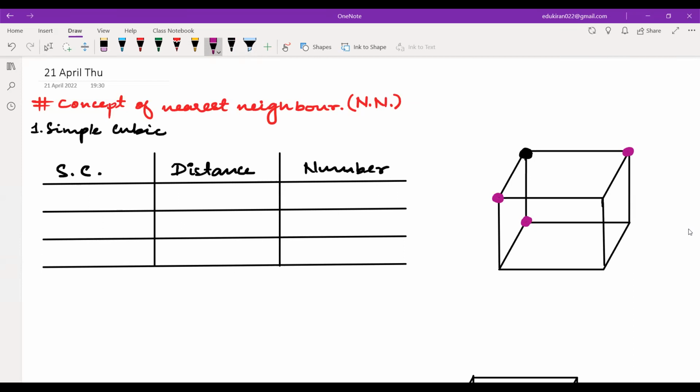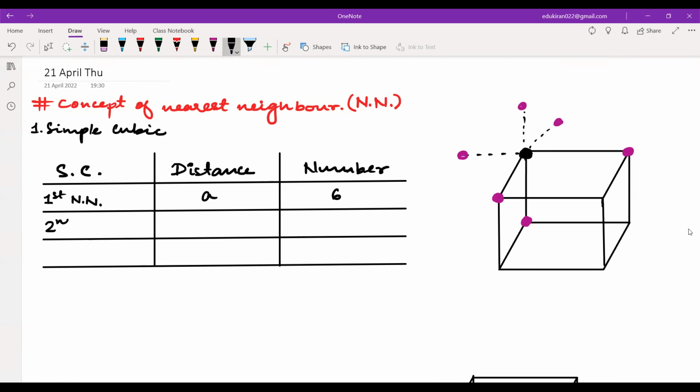Now I can also say that since these are present here, you have the first nearest neighbor, and obviously these are a distance away, and the number will be 6, as coordination number. These are all the atoms touching each other, so these will be 6. Clear?